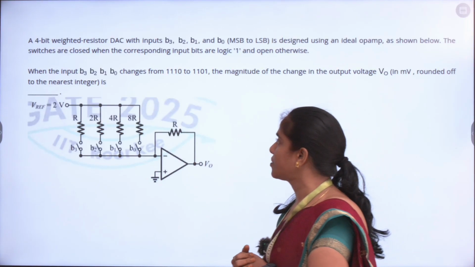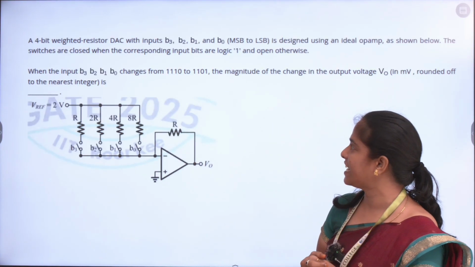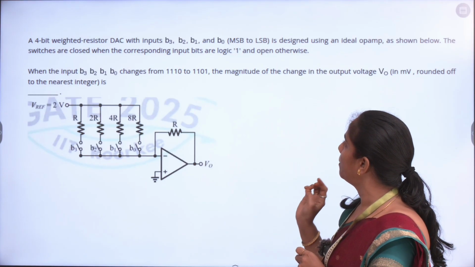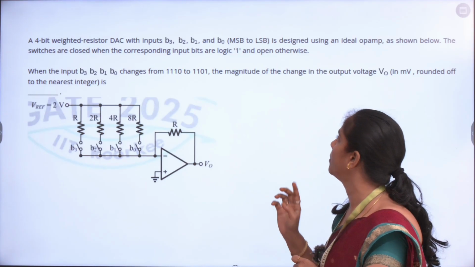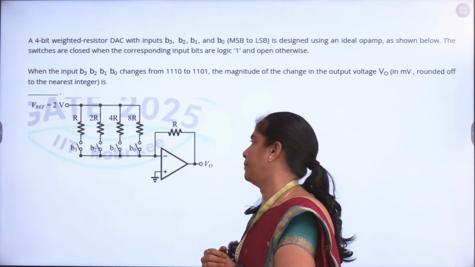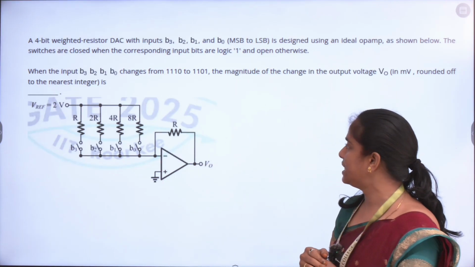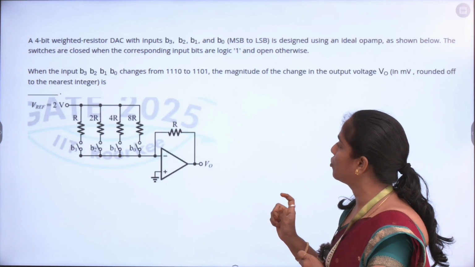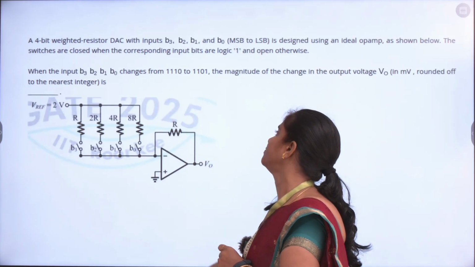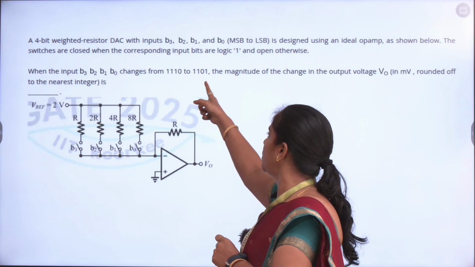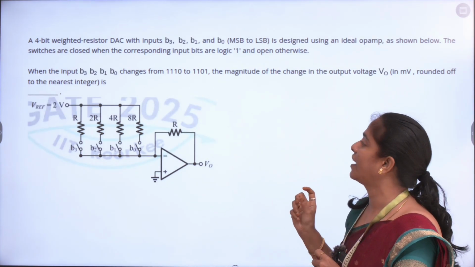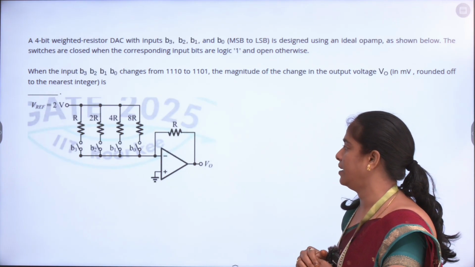And the next problem is a 4-bit weighted resistor DAC with bits B3, B2, B1 and B0 represented from MSB to LSB as shown in this diagram. So the question here is, when the input is B3, B2, B1, B0 equal to 1110 and 1101, what is the change in analog voltage that occurs in this case?